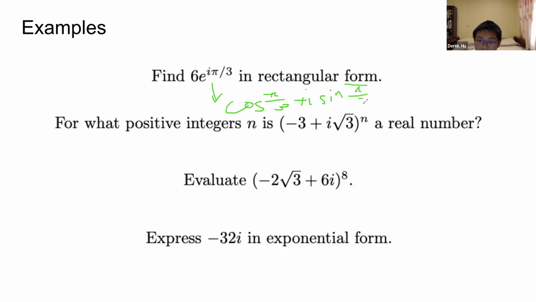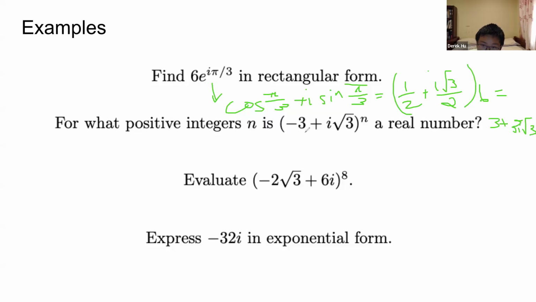Then we can evaluate this: it's equal to 1/2 plus i√3/2. So we just need to multiply this by 6, and then we get 3 plus 3i√3. Now for the second one, we have (-3 + i√3)^n.